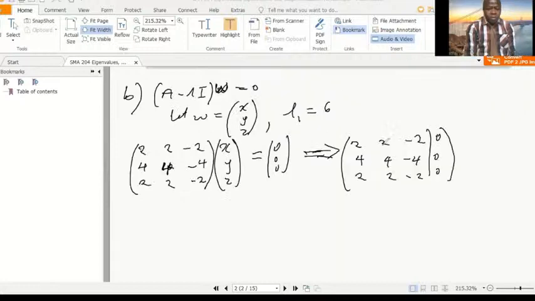Now you can multiply the first row by 1 out of 2. When you do that, you get 1, negative 1, 0. And these other rows just remain the way they are.